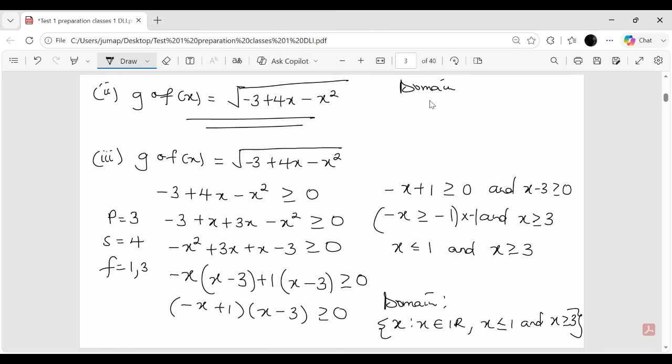So when you're writing the domain in interval notation, this one is coming from negative infinity to 1. And the other one is from 3 to positive infinity.